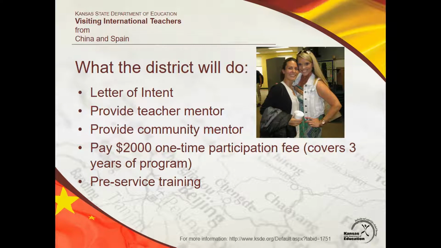We ask that this community mentor be separate from your building, so that way the visiting international teacher has two separate mentors, one that's within your building and that's more of a school-related mentor, and then one that is more of a community mentor. And we ask for these to be separate so that way there is no conflict of interest, and that visiting international teacher is really getting support from both of those different environments that they'll be involved in.